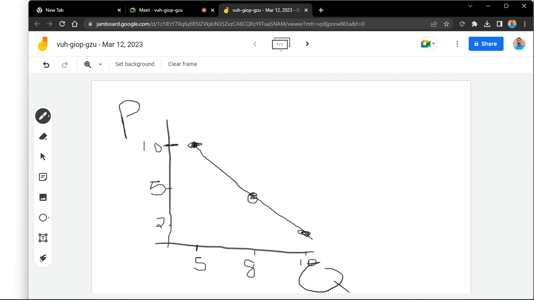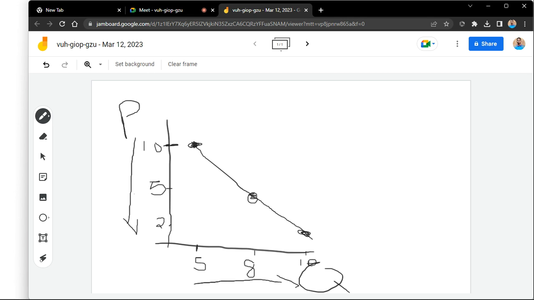Again, when the price further reduces from 5 to 2, this consumer has increased his consumption from 8 to 10. So as the price is reducing, the quantity demanded is increasing, meaning there is a negative relationship between price and quantity, and that is what we call the law of demand.